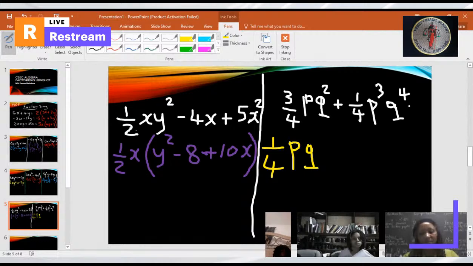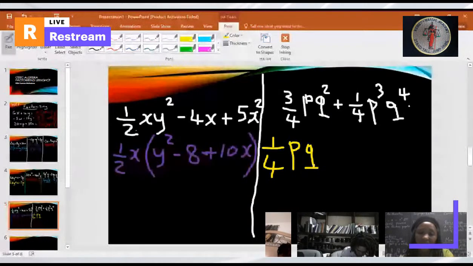So P, this is the highest we can go, because any P higher can't go into this one, right? But the Q now, this isn't the highest Q can go. This is Q squared, this is Q to the 4th power.